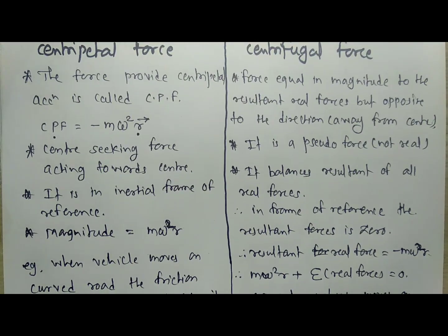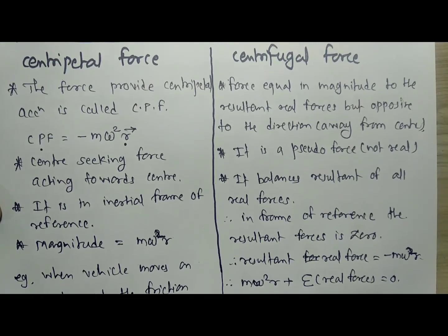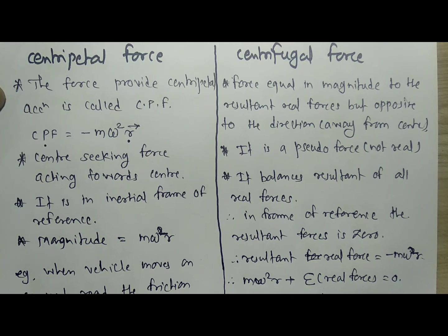Centrifugal force is equal in magnitude to the resultant of all real forces, but opposite in direction, because when centripetal force is acting toward the center, centrifugal force is acting away from the center, and it is a pseudo force. It is not a real force, it is not an imaginary force, because it is measured by using instruments.